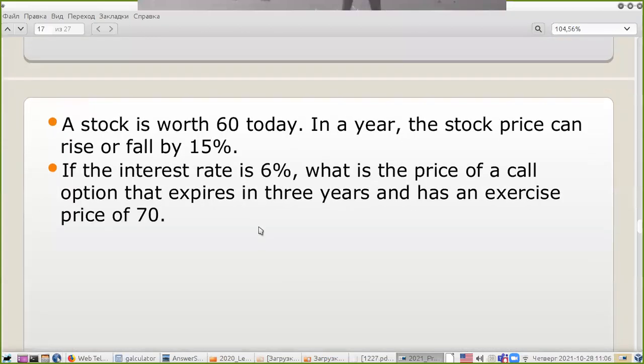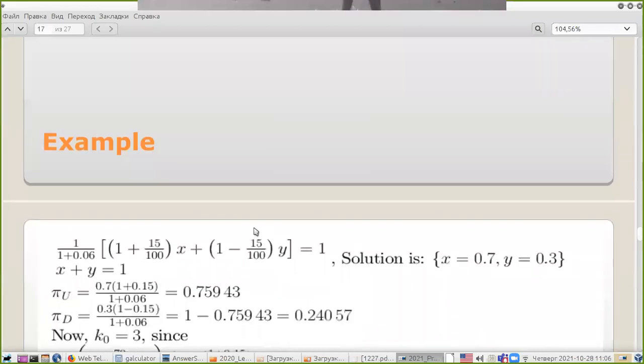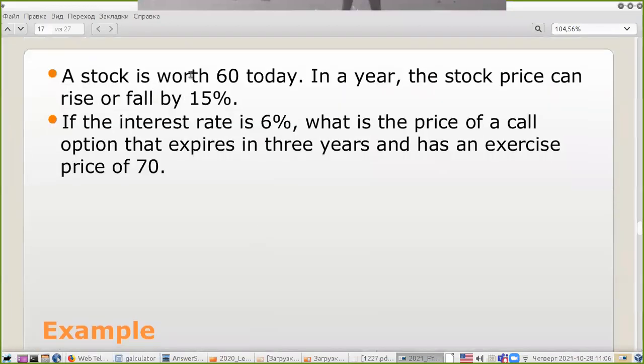And an example: a stock is worth 60 today. In a year, the stock price can rise or fall by 15%. The interest rate is 6%. The question is, what is the price of a call option that expires in 3 years and has an exercise price of 17? So from this, what do we have?